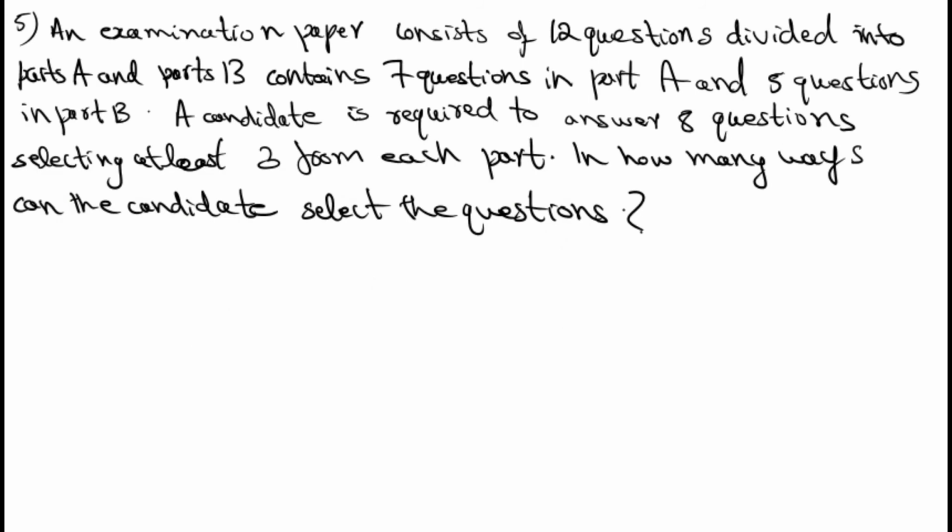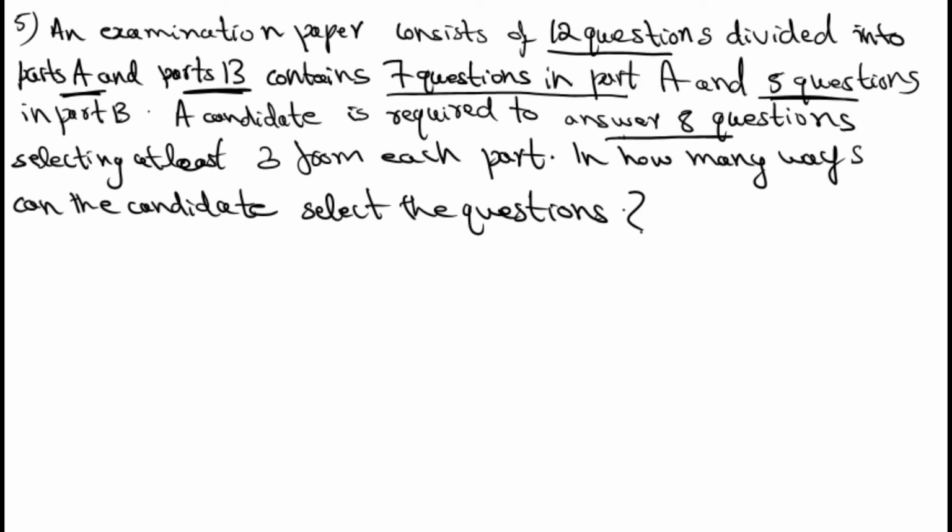Okay. See the next question. An examination paper consists of 12 questions divided into part A and part B. Part A contains 7 questions and 5 questions are in part B. That means part B has 5 questions. A candidate is required to answer 8 questions.